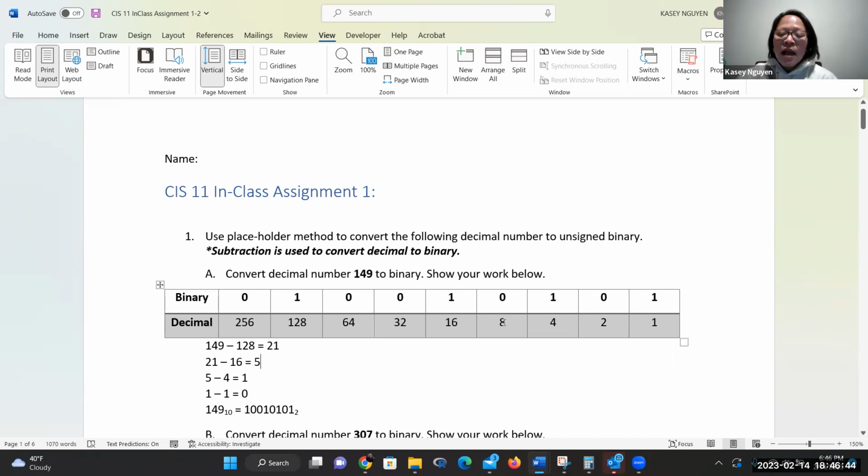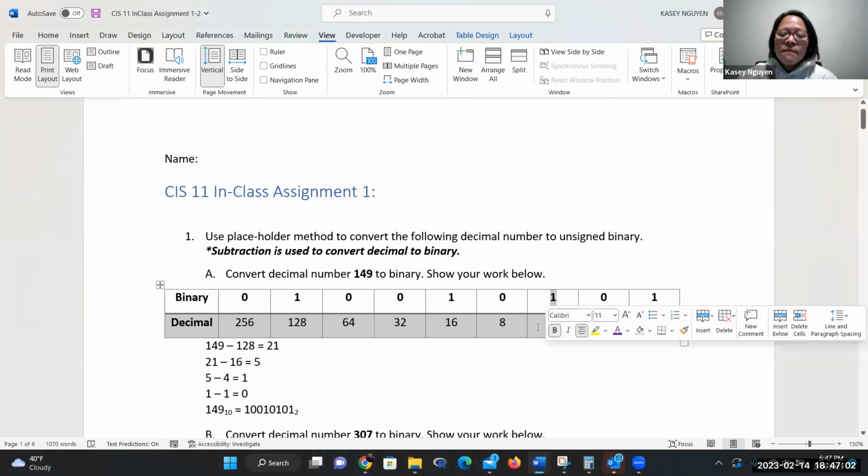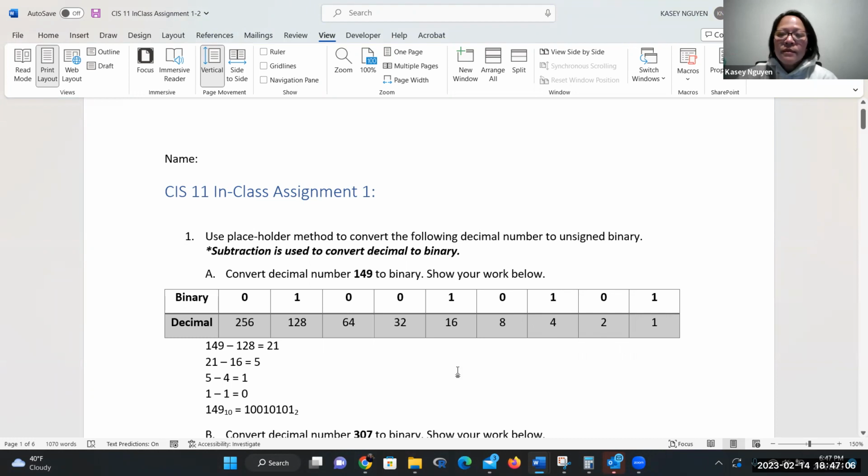So you go down the line, 8 is larger than 5, so I put a 0. For 5, I can subtract 4, which is the next number here. So 5 minus 4, and as I subtract, I put a 1 at the top. I'm left with 1.